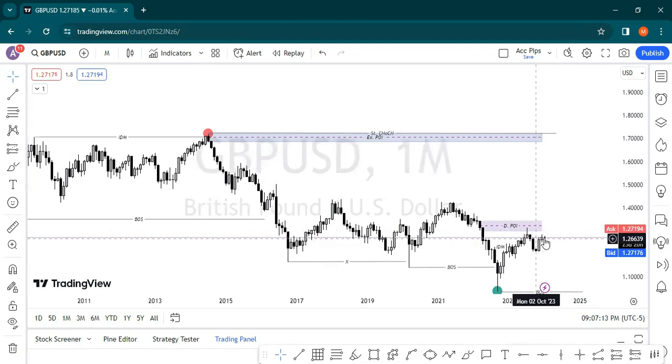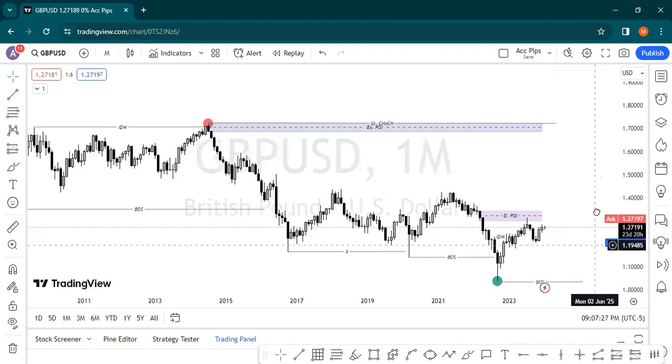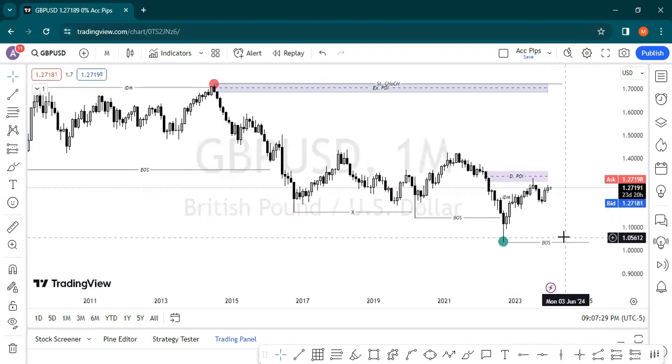If not, if price decides to react from this single candle order block that formed after tapping into the decisional OB, then it means that we are going to be seeing the continuation towards the down. Okay, so it's two scenarios here.